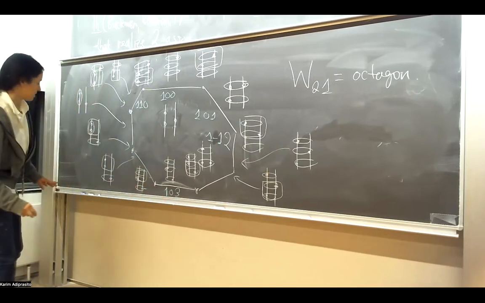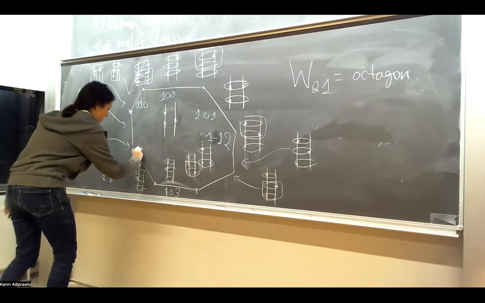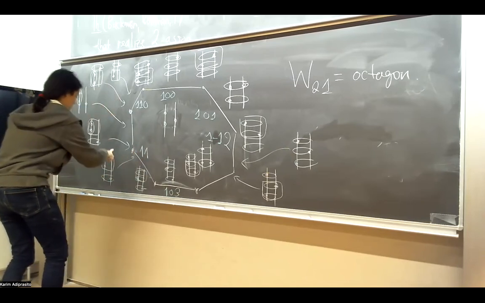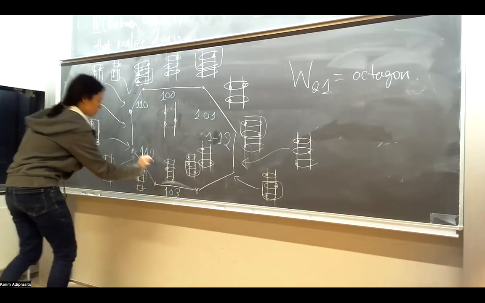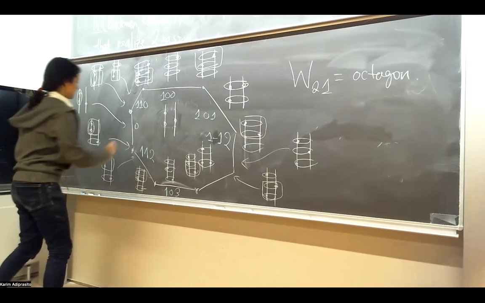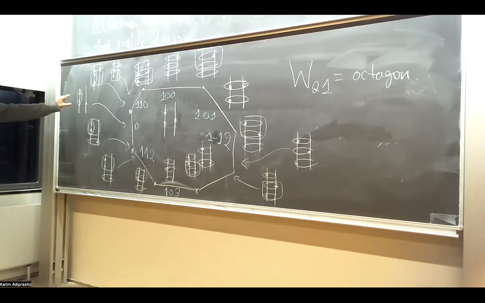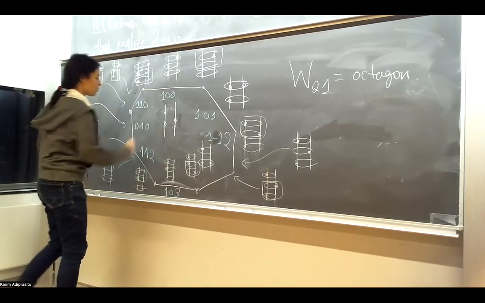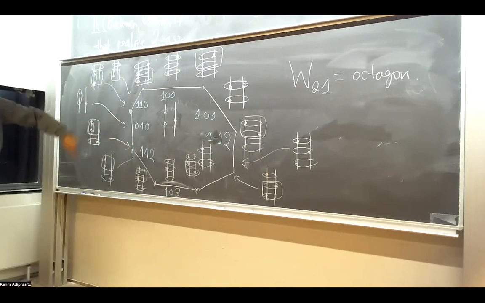And well, this has 1, 1, 2. This has, so here the lines do not collide and only these points collide. So this is 0, 1, 0, and that finishes.